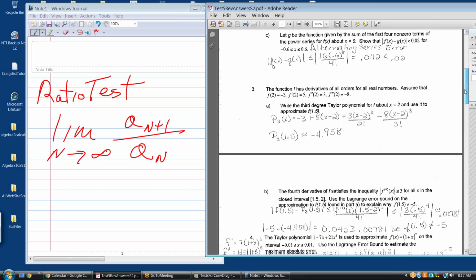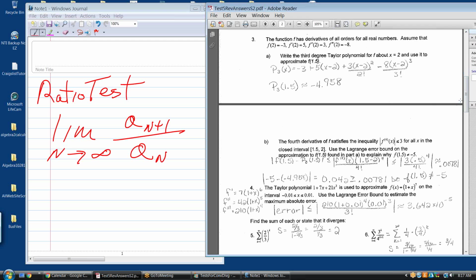Alrighty. Stuff is tough, especially this Lagrange. You are actually the first person I have ever gone through the Lagrange formula with. Even my other two Calc BC students did not do the Lagrange remainder. Wow. And that is because it's not on the Calc BC test, the AP test.